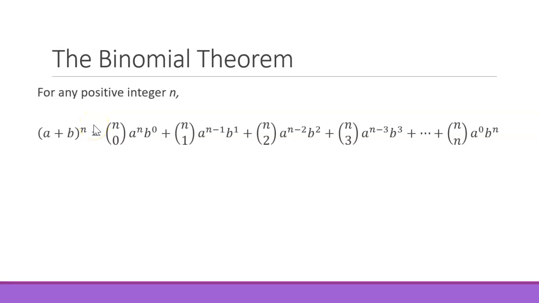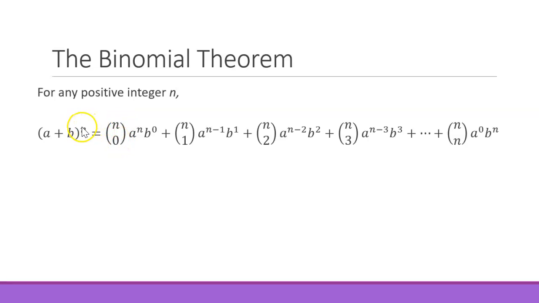This finally brings us to the binomial theorem. So for any positive integer n, if we're trying to expand out the binomial quantity a plus b raised to the nth power, then instead of multiplying it all out, we could jump straight to the expansion. So to find the expansion, we are going to use the binomial coefficient formula, starting with n choose 0.